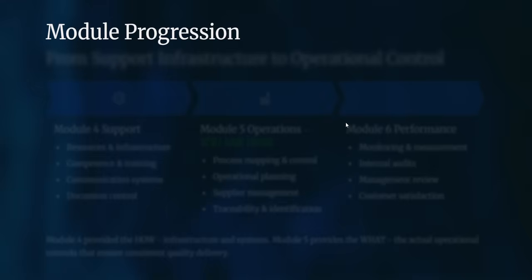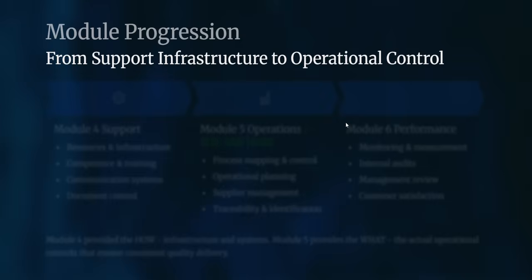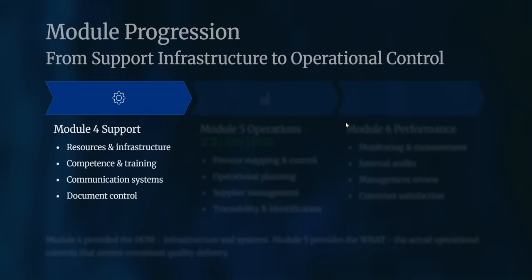Module progression from support infrastructure to supplier control. Let's take a look. First, Module 4 support has covered the following: resources and infrastructure, competence and training, communication systems, and document control.